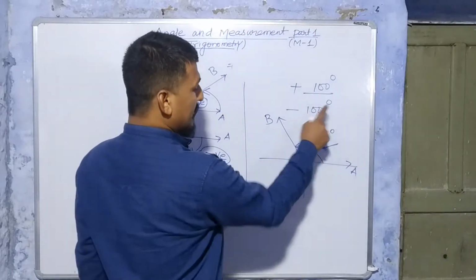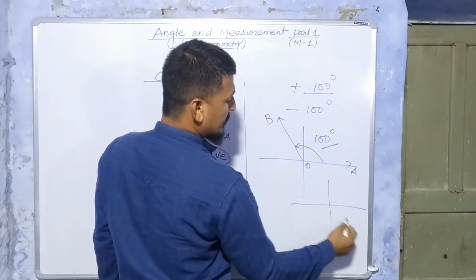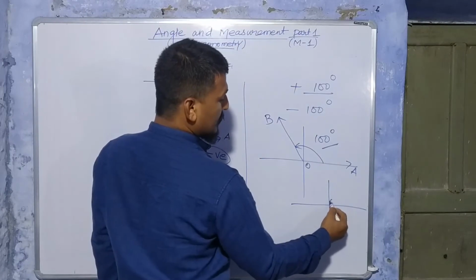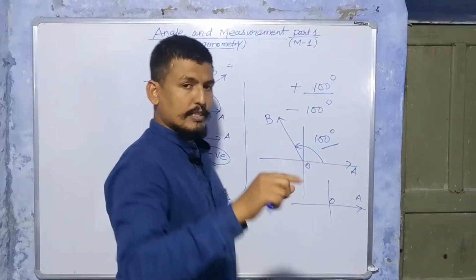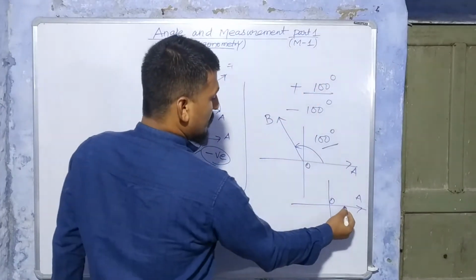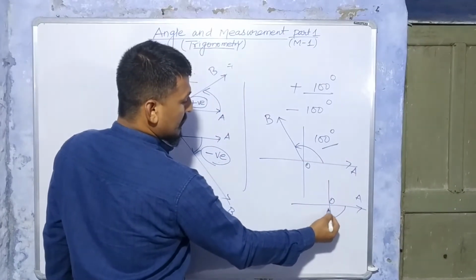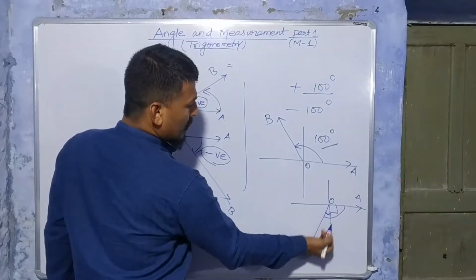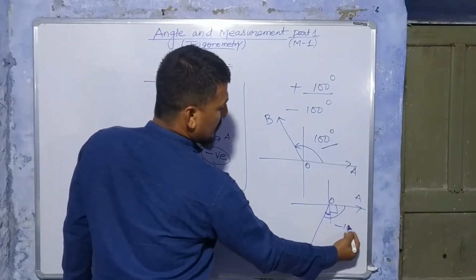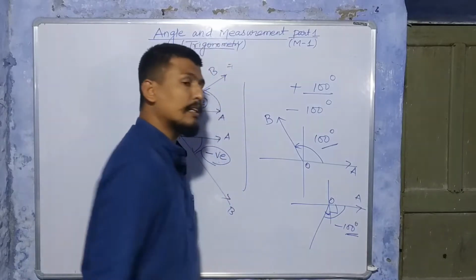What about negative 100? Suppose this is O, this is A, and in the case of negative, the rotation is clockwise, so it will become like this. See, this is 90 and this is approximately 10, 90 plus 10 is 100. This is minus 100 degree.